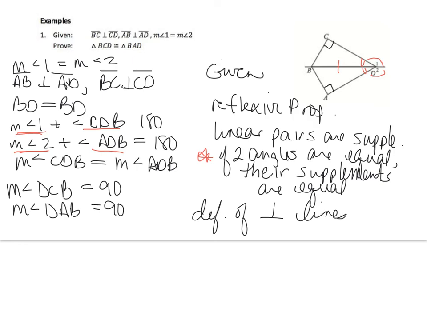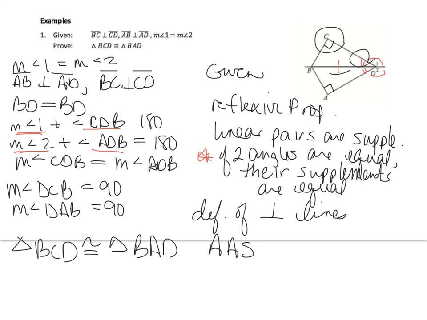Okay, that they form 90-degree angles. So we know that triangle BCD is congruent to triangle BAD because of angle, angle, side. So I have angle, angle, side. Cool.